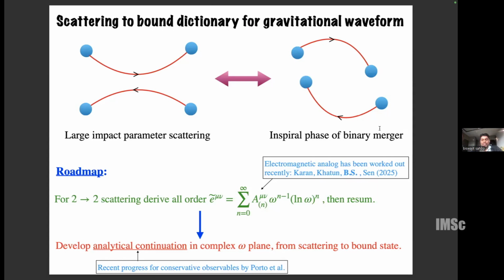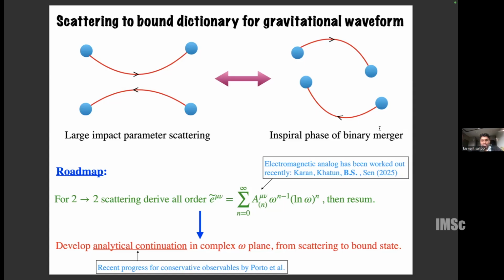So one can ask the question: can one use these gravitational waveform results which we derived for scattering events to give some information about the inspiral phase, when the two black holes are separated, and tell something about the gravitational wave from there?